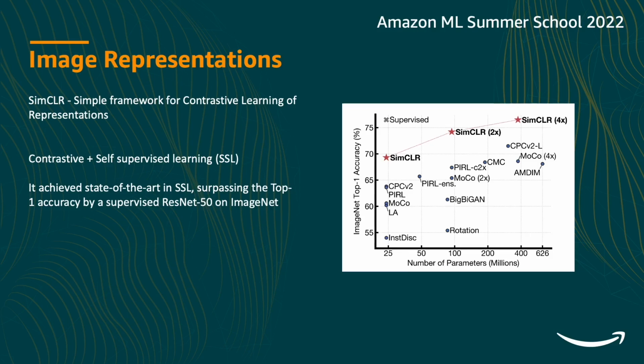And so SimCLR is a nice framework for feature extraction from unlabeled images using contrastive and self-supervised learning. To get the motivation, we can quickly look at this figure, which compares the performance of SimCLR with supervised models with respect to top one accuracy on the ImageNet dataset.